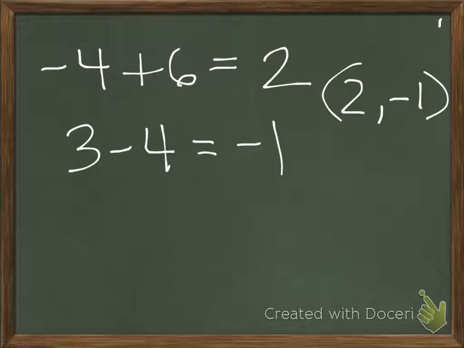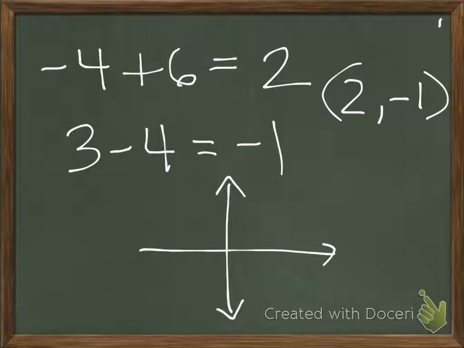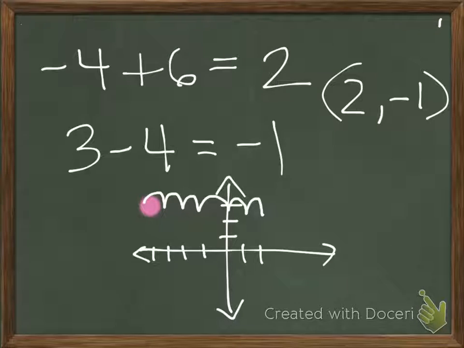Now you could also do this on the actual graph. And if I were to do that, my original point is here, -4, 3, and if it tells me to go 6 to the right, I just would count 1, 2, 3, 4, 5, 6, and put my point there. Well, actually, I need to also do the translation to the y-coordinate, and that meant we're going 4 down.